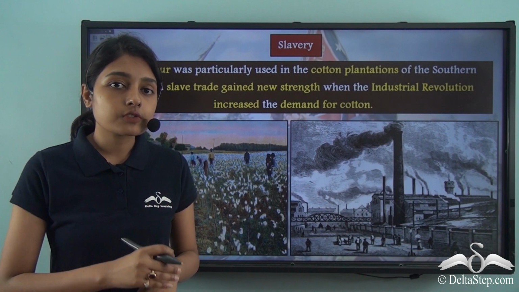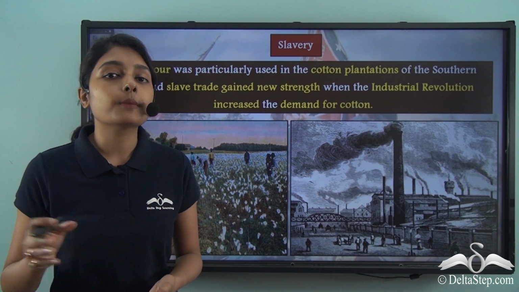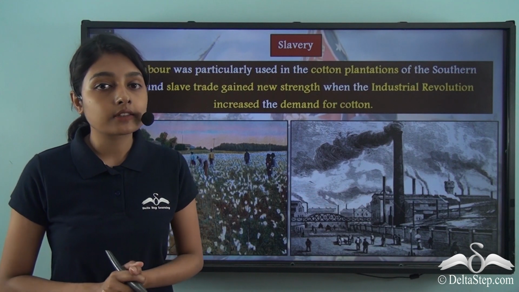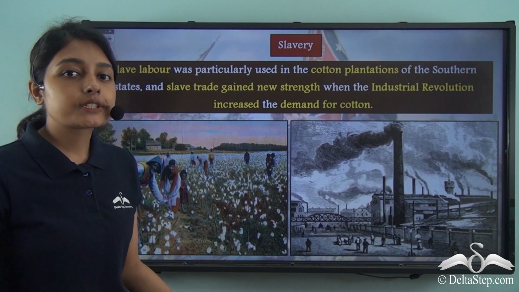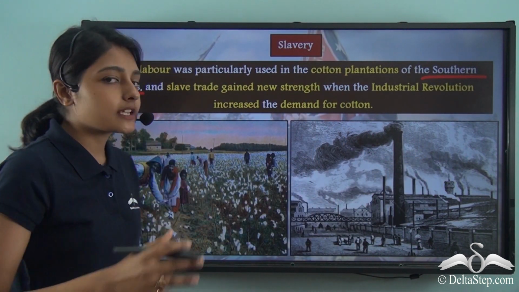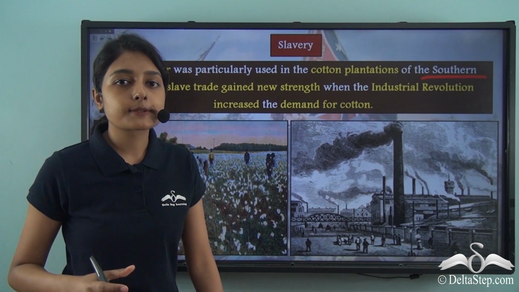And for the pursuit of agriculture, enslaved Africans were still being transported from Africa to the southern states of the independent United States of America. So it is mostly in the southern states of the USA that slave labor was being performed.